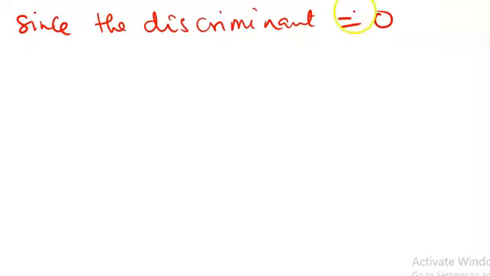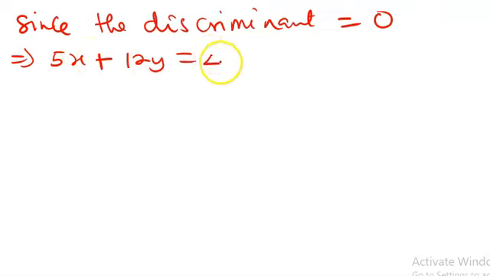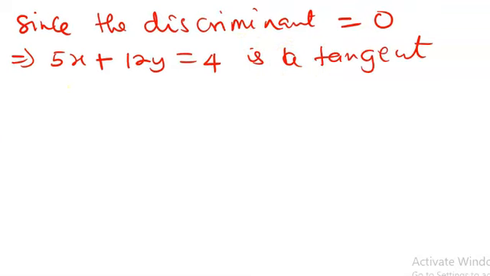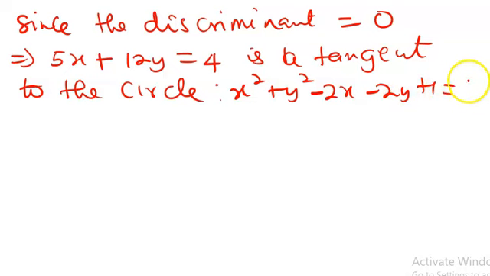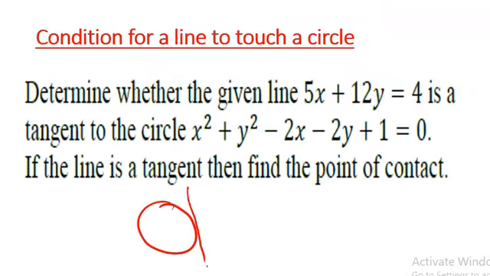So since the discriminant is equal to 0, it implies that the line 5x plus 12y equal to 4 is a tangent to the circle x squared plus y squared minus 2x minus 2y plus 1 is equal to 0.